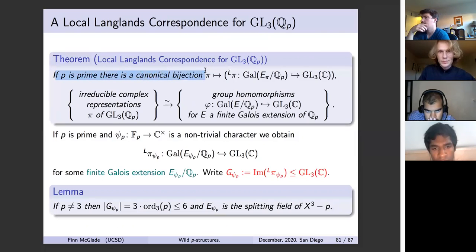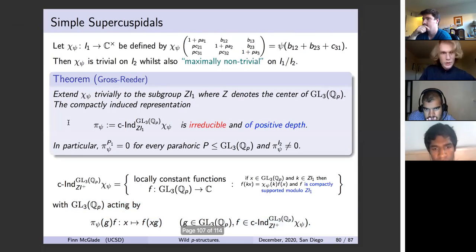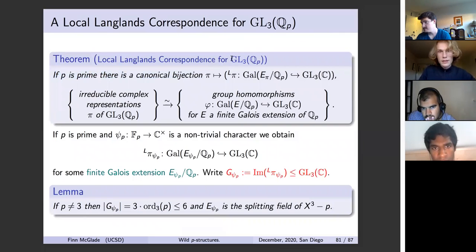So remember, the important point is that I have this representation pi psi, a positive depth representation of GL_3(Q_p). And I have a Langlands correspondence for GL_3(Q_p). That tells me that this irreducible representation should somehow correspond to a group homomorphism out of some Galois group of an extension of Q_p.